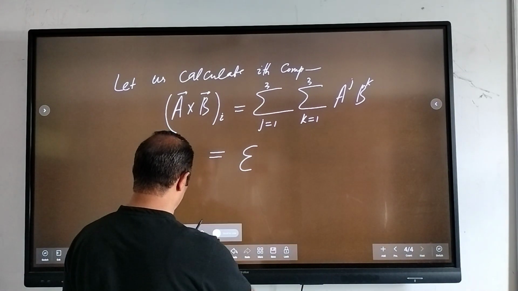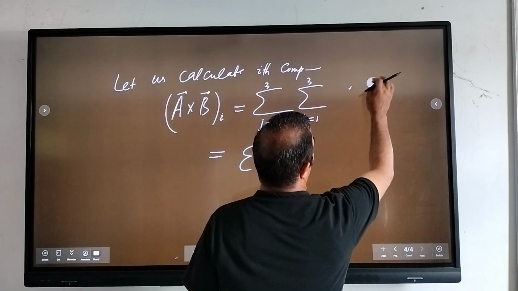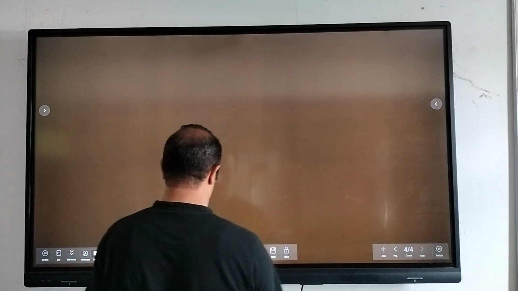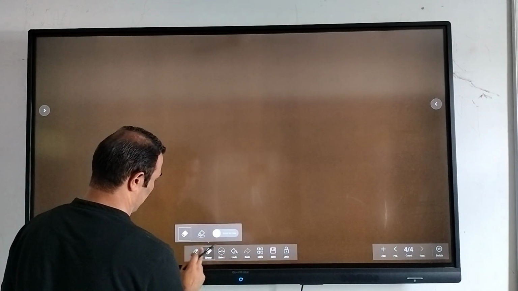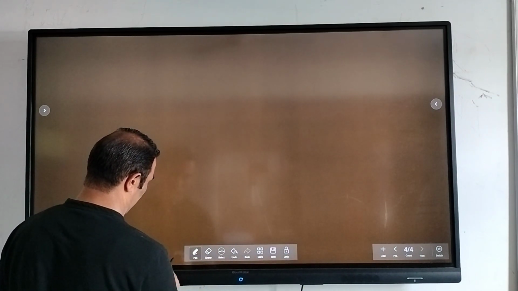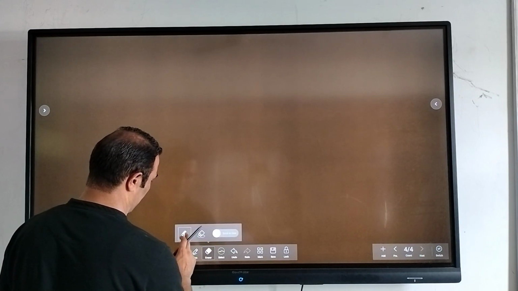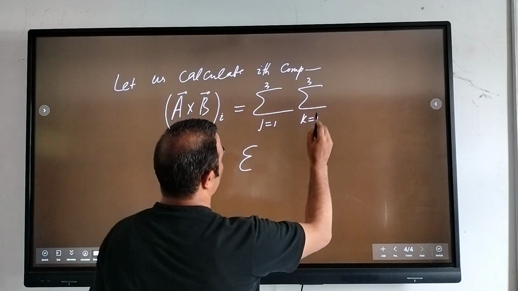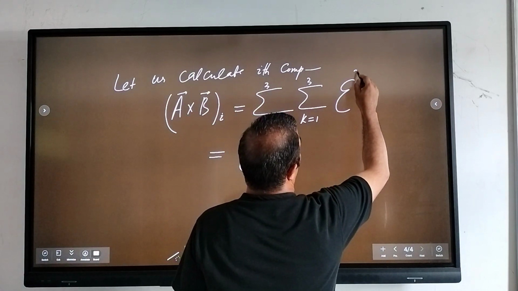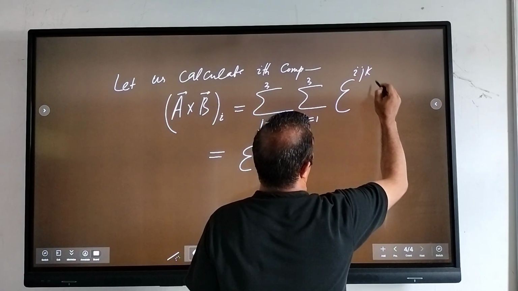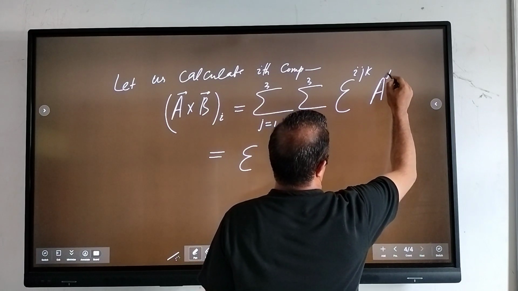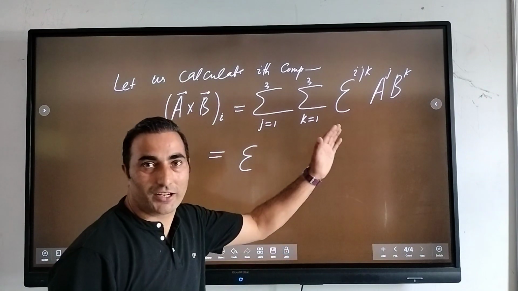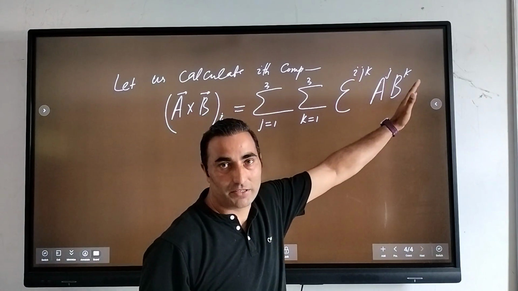I forgot here to write this, so this will be equal to epsilon ijk. Right? So I forgot to introduce that. So this is epsilon ijk aj pk, right?